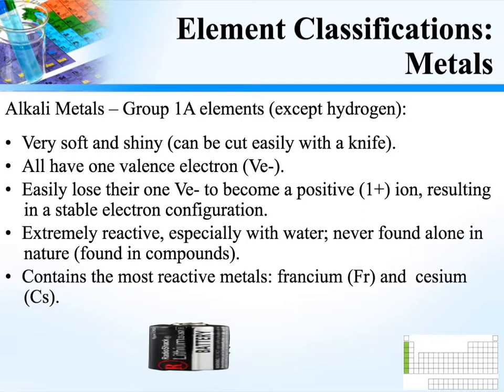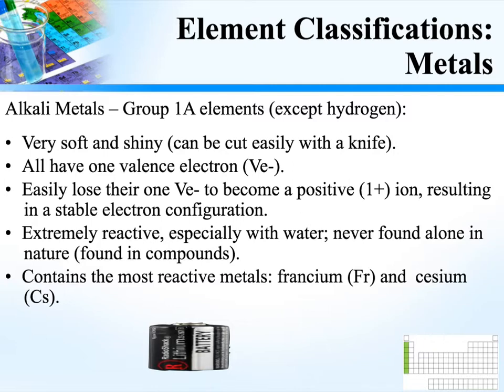They all have 1 valence electron, which we already know because they're in group 1A. They easily lose their 1 valence electron to become a positive ion in the formation of a stable electron configuration. Remember that a stable electron configuration means that the element's outermost energy level is full, so it has 8 valence electrons.